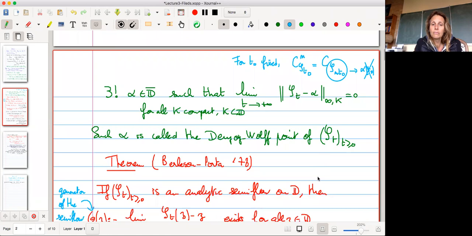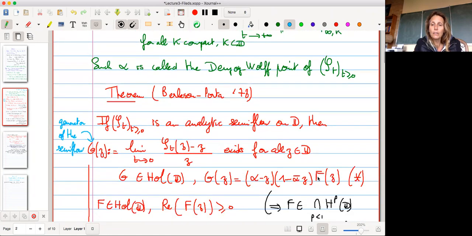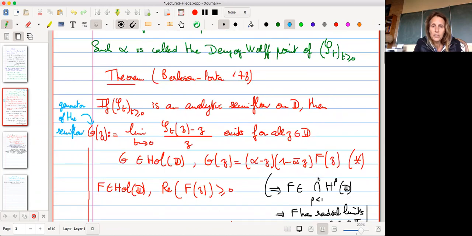I remind you of a result already mentioned by Wolfgang Arendt yesterday. He mentioned the Berkson and Porta result, which is the following. If you have an analytic semiflow on the open unit disk, then the generator exists for all z. And moreover, we have a precise form of its generator. The form is the following.